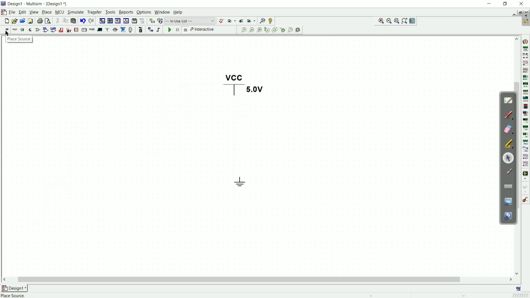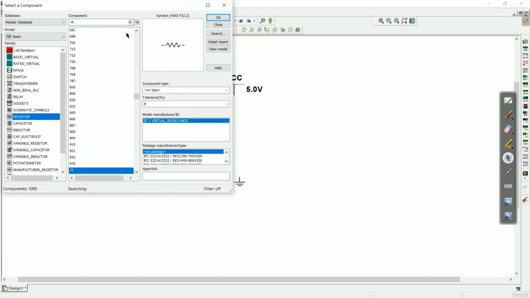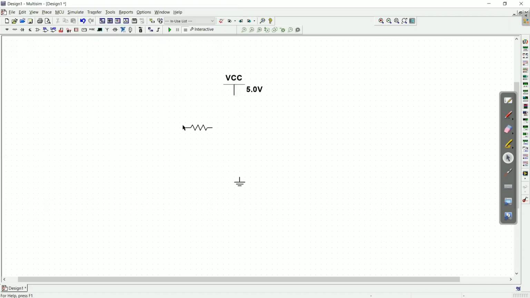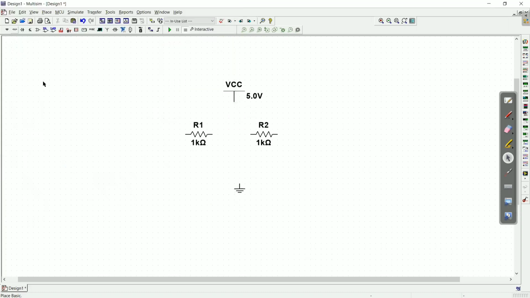After the source, we have the place basic, in which we can get resistors. We need 2 resistors. Then we need a transistor.